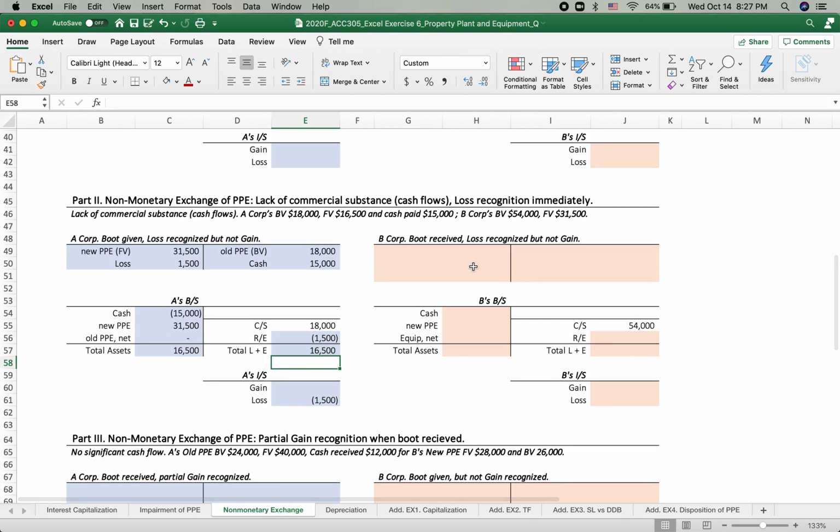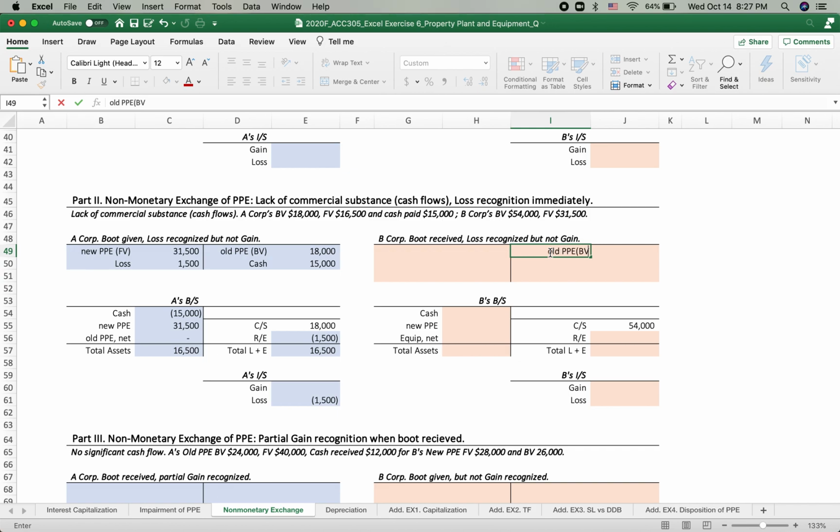So let's take a look at this. The B corporation, always the old one, all the PP&E, the book value of PP&E. How much was the book value of this asset? PP&E asset was 54,000, right? 54,000, and it should be removed. And let's start from the easy one. Cash amount received is 15,000.